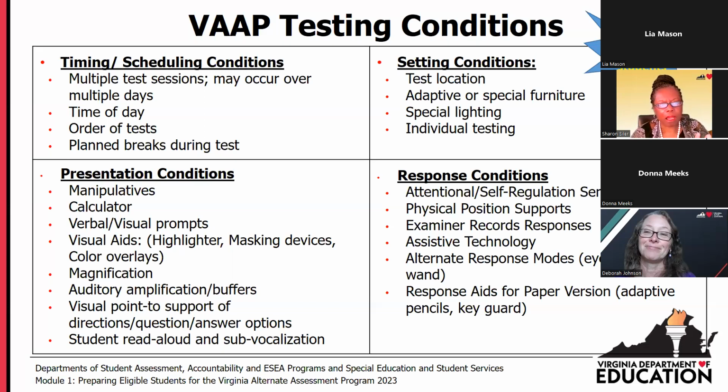So the main thing to remember and keep in mind as you're developing your plan to support students and address their individual needs is that these testing conditions are available to all students. You don't have to go through the student's IEP team, but in the student test plan, you want to make sure that you document the student's need for these conditions on that plan.